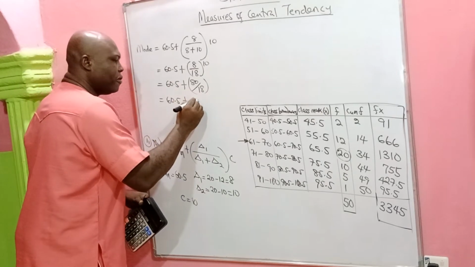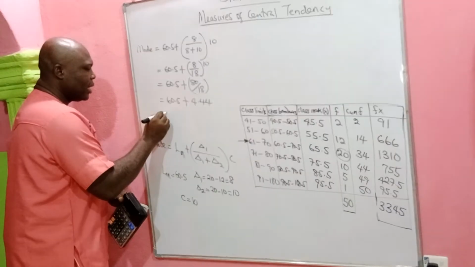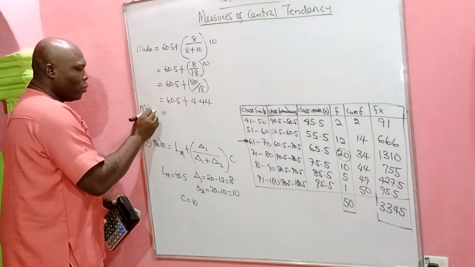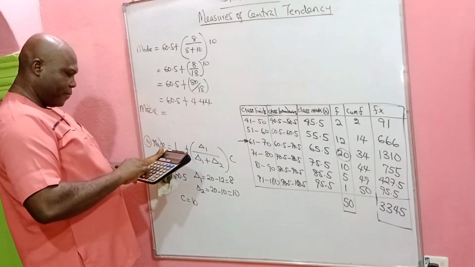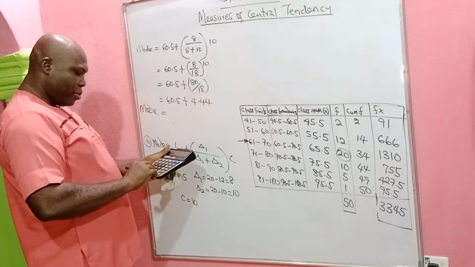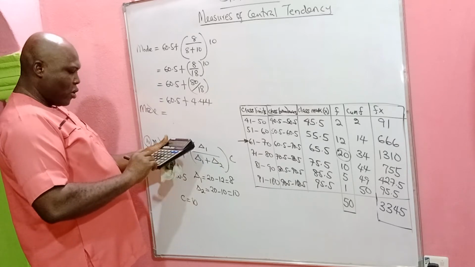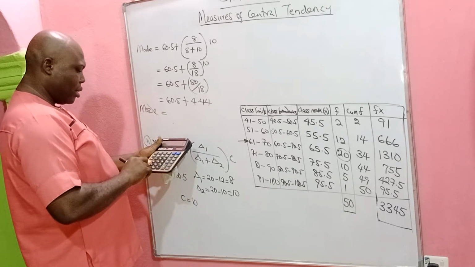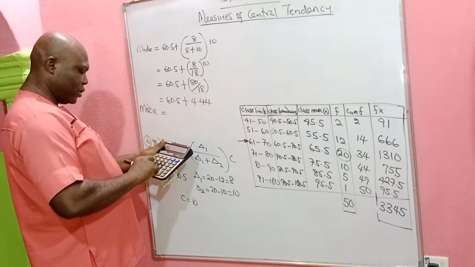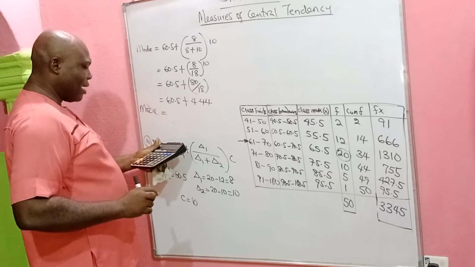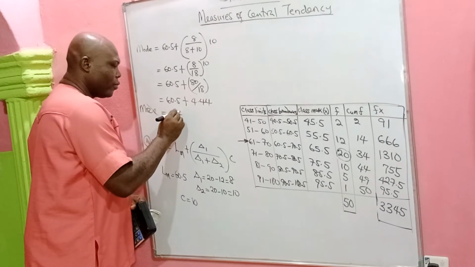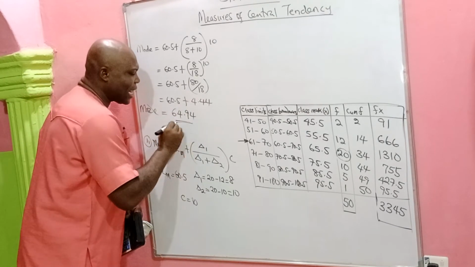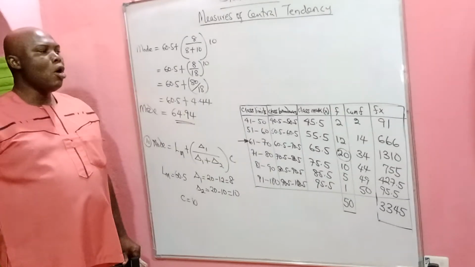So we have 4.44 to 2 decimal places. Therefore, our mode will be equal to 60.5 plus 4.44. So we have 64.94. So it therefore means that our mode is 64.94.